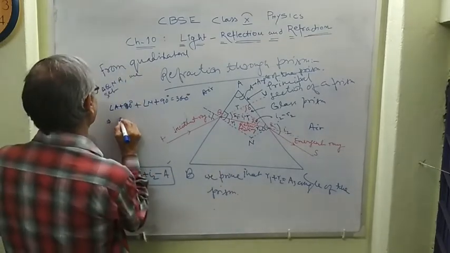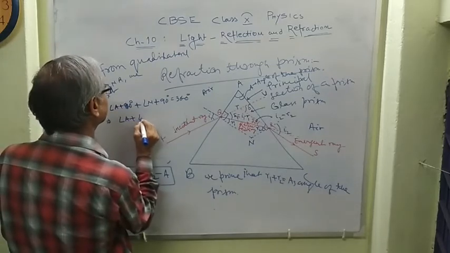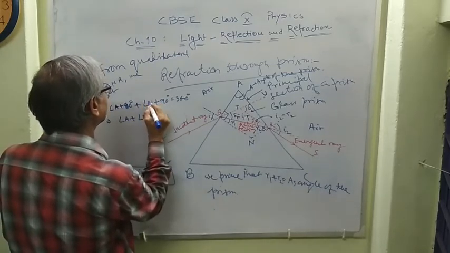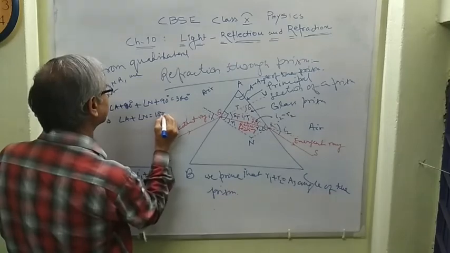That means angle A plus angle N equals 180 degrees, right?